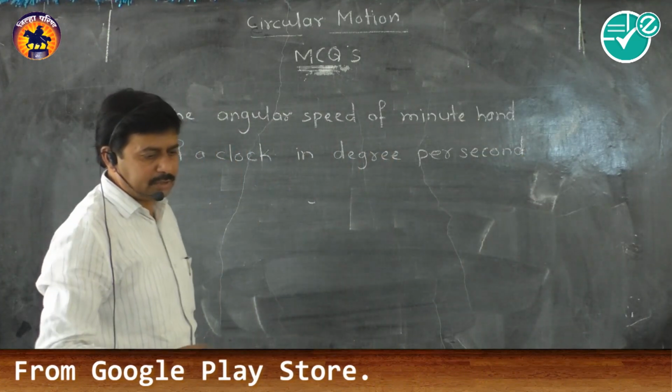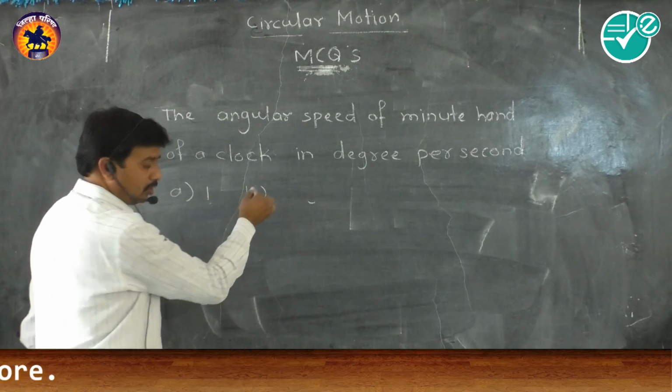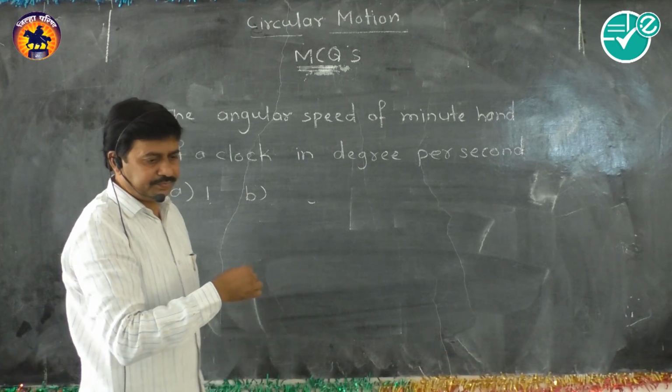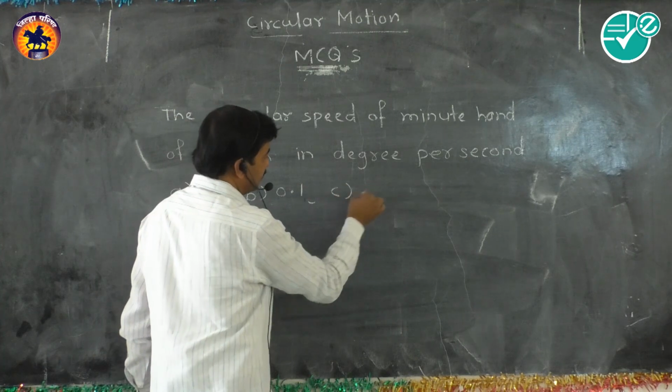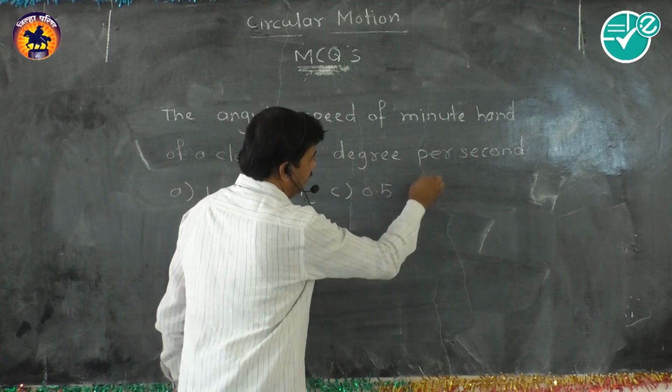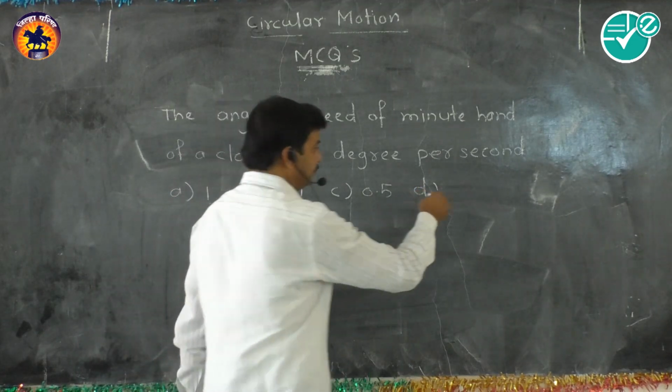And the options are option A 1, option B 0.1, option C 0.5, and option D 1.5.